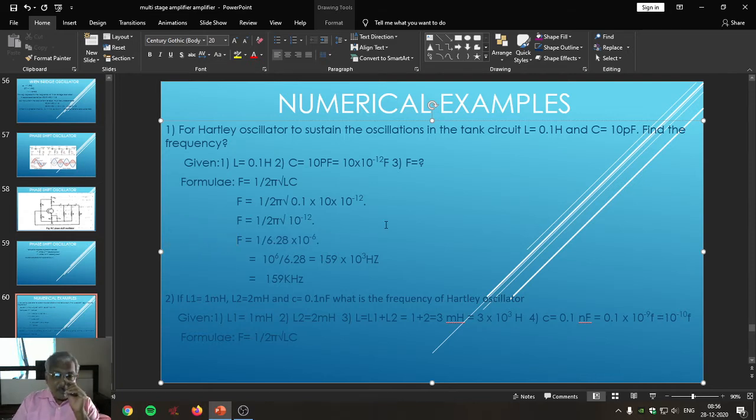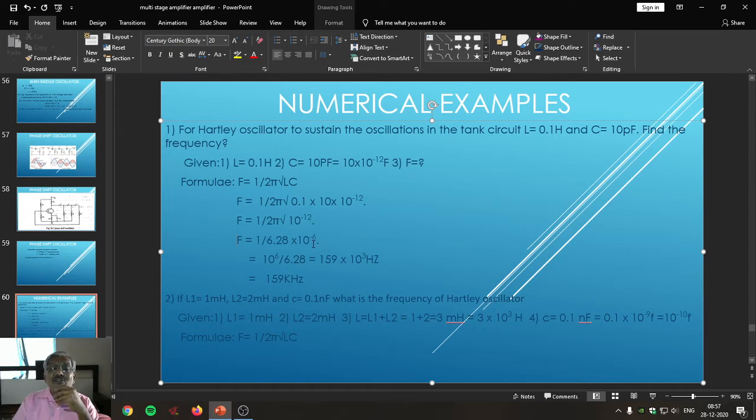By putting the value of pi as 3.142 and multiplying with 2, we get F is equal to 1 upon 6.28 into 10 raised to minus 6. The square root of 10 raised to minus 12 is 10 raised to minus 6.